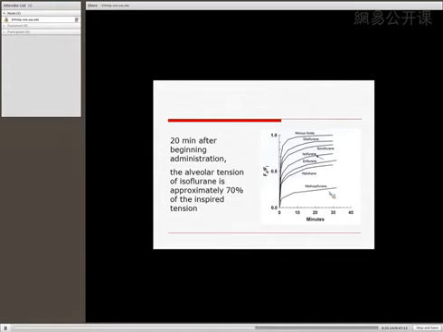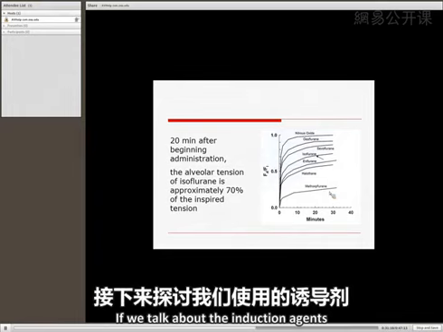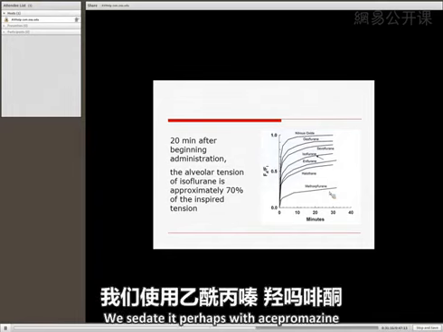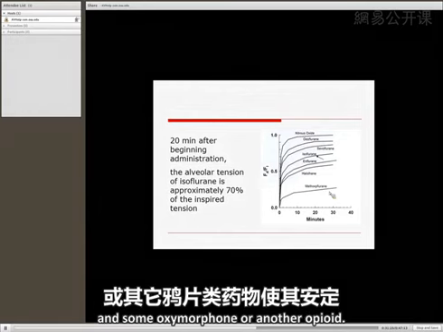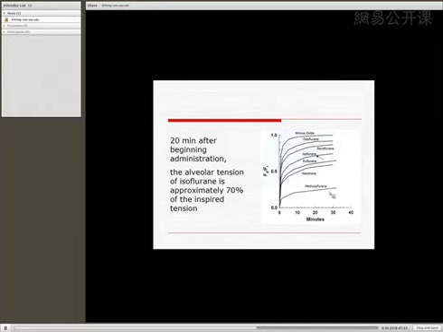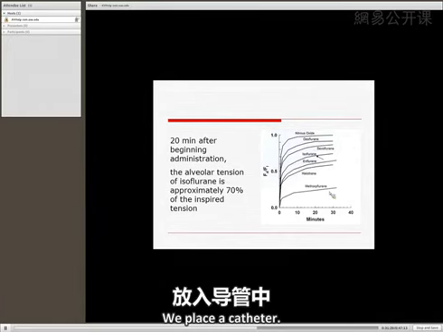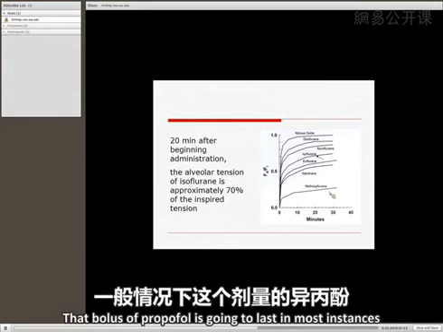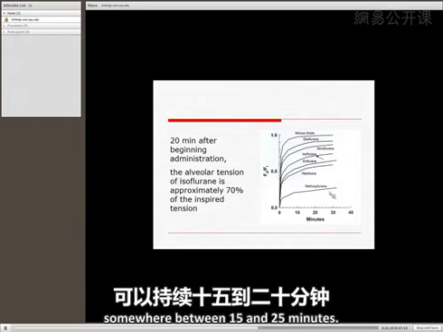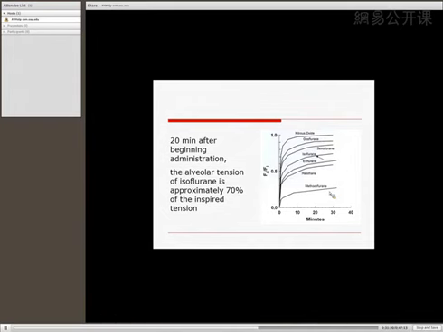Certainly it's manageable. If we talk about the induction agents that we use, let's take a typical dog. We sedate it perhaps with acepromazine and some oxymorphone or another opioid. We bring it in, we place a catheter, we might give it a bolus of propofol to induce anesthesia. That bolus of propofol is going to last in most instances somewhere between 15 and 25 minutes.